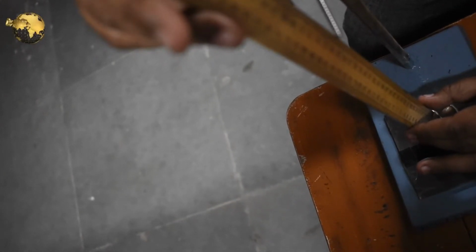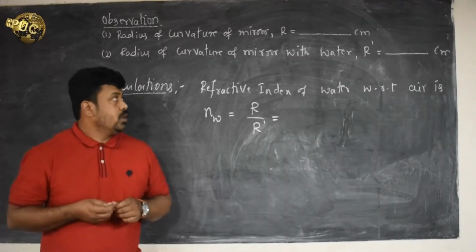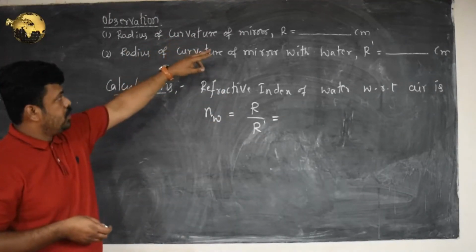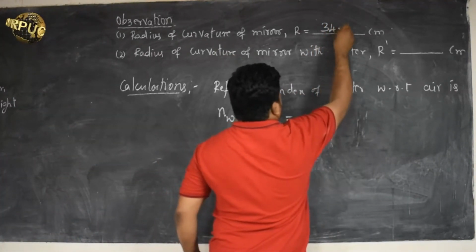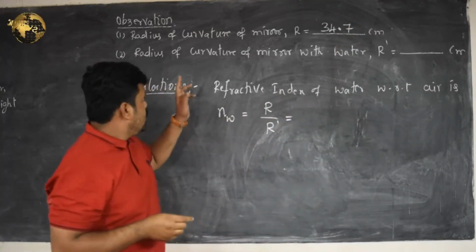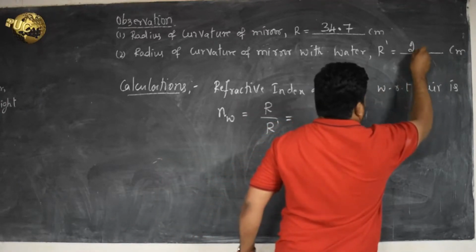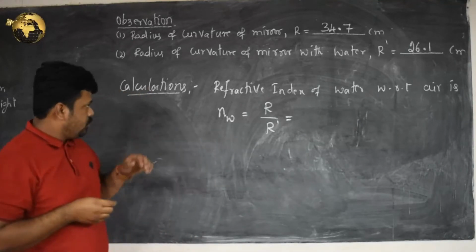The corresponding value of R dash when we have water in the concave mirror is 26.1. So we get the R and R dash values. First, without water, R is equal to 34.7, and the second one, the radius of curvature of the mirror with water, R dash is equal to 26.1 centimeter. So let's go for the calculation.